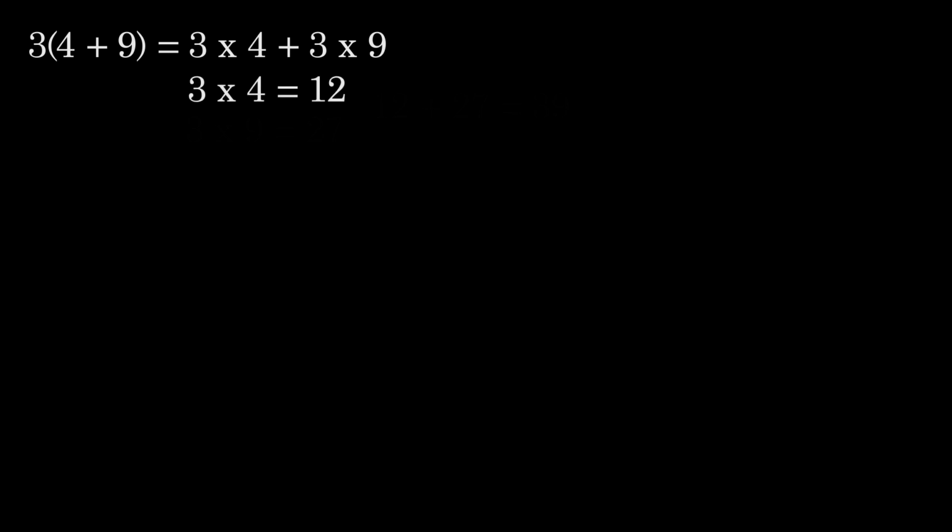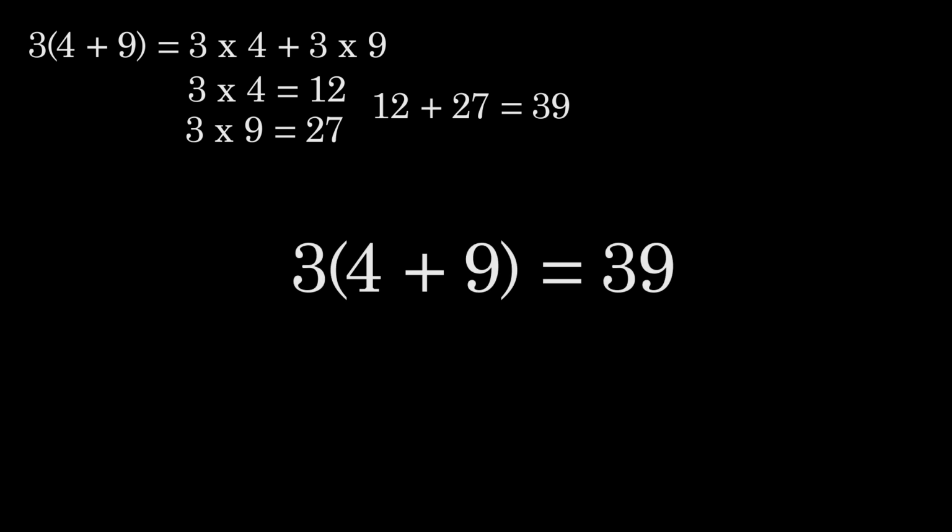That's easy enough. 3 times 4 is 12, and 3 times 9 is 27. 12 plus 27 is 39. This means the law of distribution says that 3(4 + 9) is simply another way of saying 39.